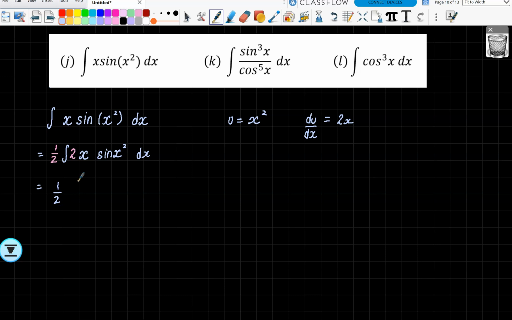So now what I've got is I've got my integral of sine x squared, but that's actually sine of u, and then the 2x is my du by dx, integrating with respect to x, so they cancel. And so what I'm actually doing is I'm integrating sine u with respect to u.